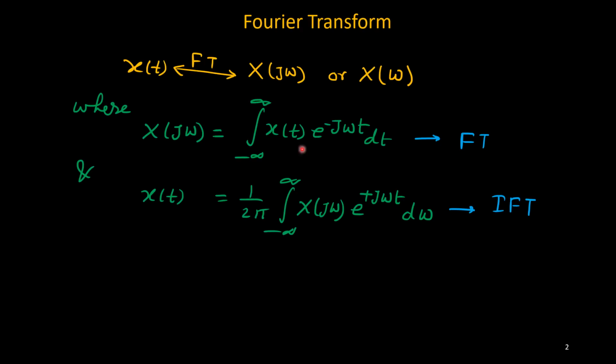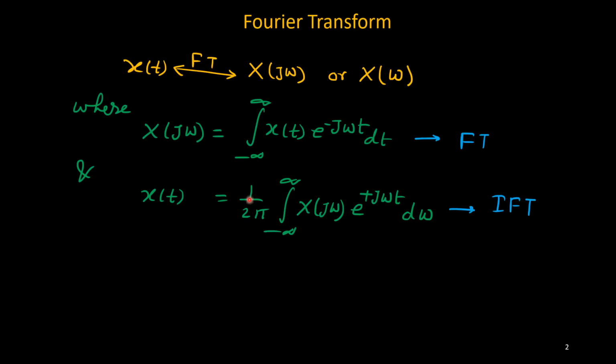This is called Fourier transform, and this X(j omega) is the spectral or frequency content of the signal.